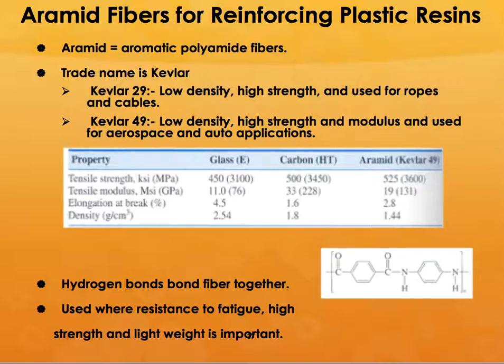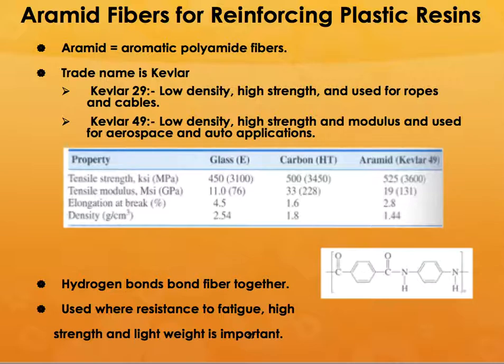The next type of fibers are aramid, which are mainly used for reinforcing plastic resins. These are known and sold under the trade name of Kevlar. There are two types of Kevlar fibers. One is Kevlar 29, which is low density, high strength, and used for ropes and cables.